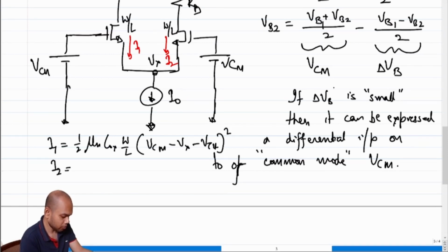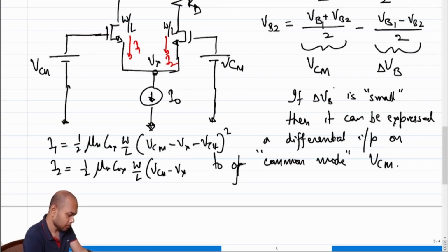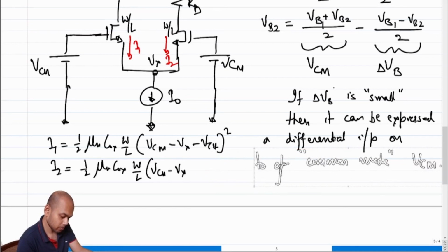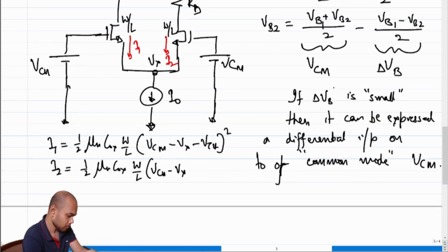What will be I2? This will also be half mu n Cox W over L (VCM minus Vx minus threshold voltage) whole squared.